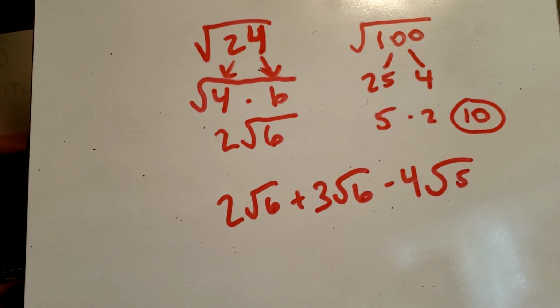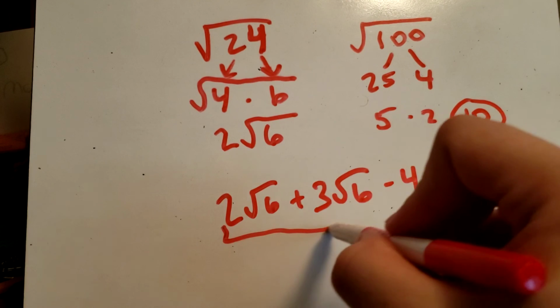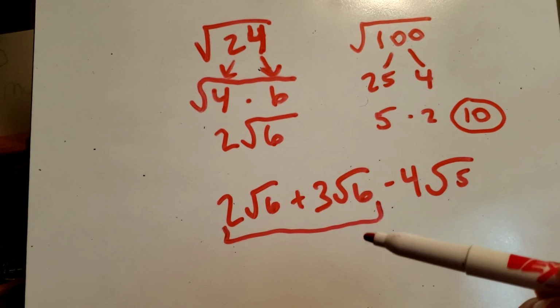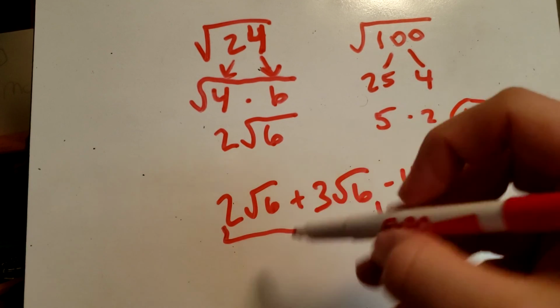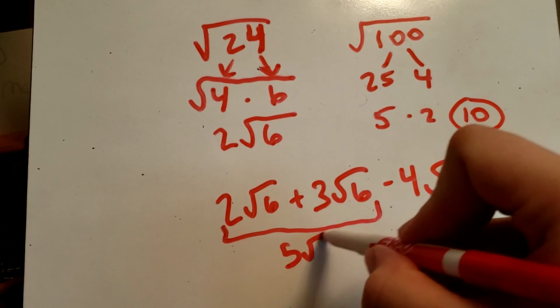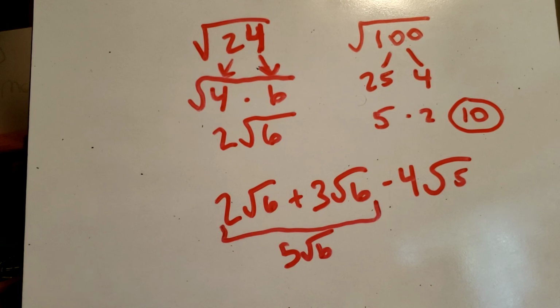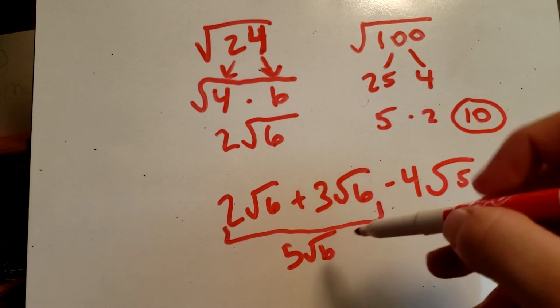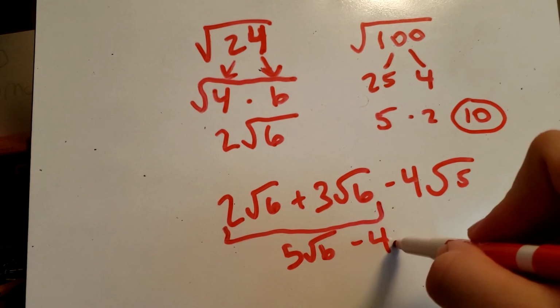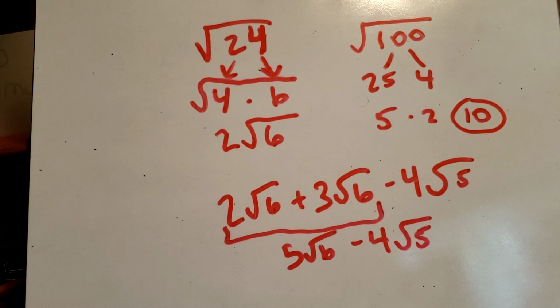These 2 root 6's here, they're like terms. You can add those root 6's together. You could add 2 plus 3 and get 5 root 6. This root 5, though, is not a like term. It's a different square root, so you have to leave that one alone. You can't simplify that anymore. So square roots can also be simplified in that way.